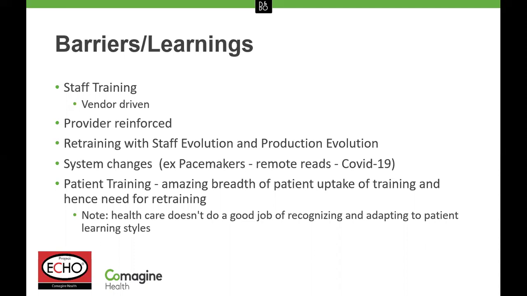Something that we in healthcare have not done very well on is recognizing those learning styles and making that part of our decision-making and implementation. Go ahead. Next, yeah.